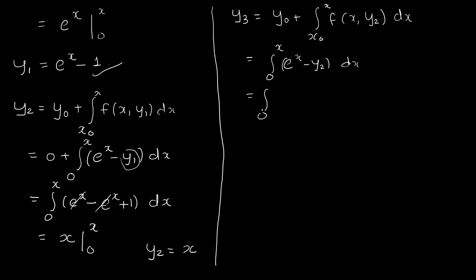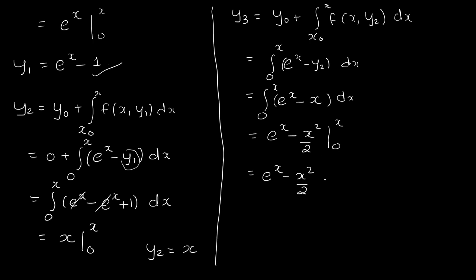And y2 we have seen is x, so e^x - x dx. Now if we integrate it, I will get e^x - x^2/2 from 0 to x. If we substitute x, it will be e^x - x^2/2. If we substitute 0, it will be minus e^0 which is 1, and the 0 squared term will be 0. So this will be my y3.